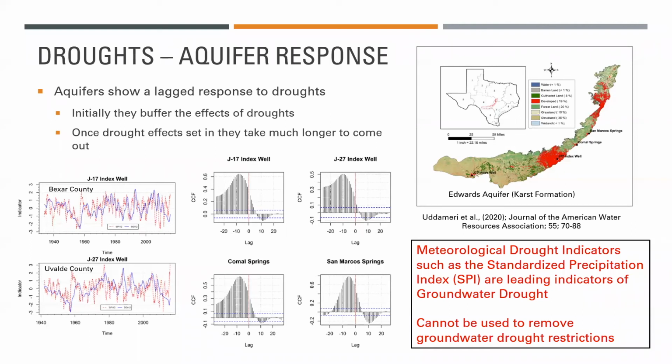But just because the meteorological drought is out doesn't necessarily mean that your groundwater also has come back to its original state. As a matter of fact, it might take several months, definitely 8 to 10 months in these wells before they come back. The springs come back a little sooner than the wells, but generally, it takes several months for that response to be fully washed out of groundwater systems.